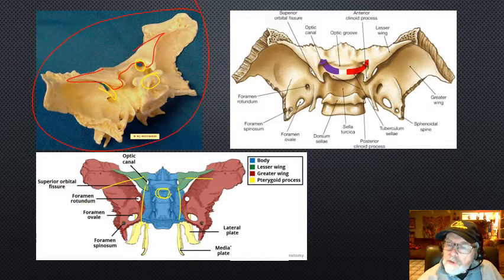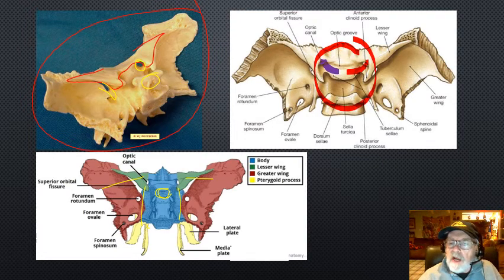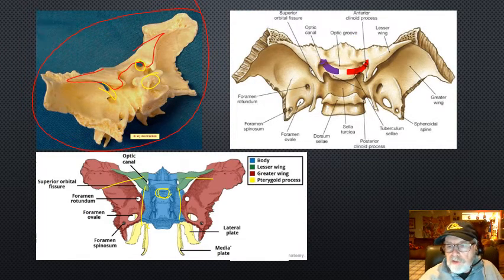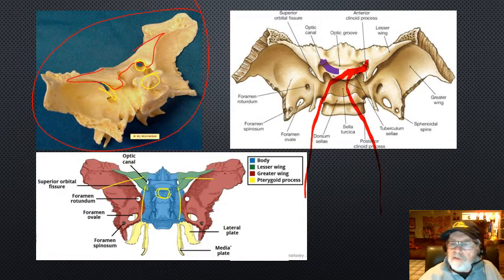Here's the cool thing. This area right here is called the optic chiasm, C-H-I-A-S-M. It's an area where part of each optic nerve will actually cross. What do I mean by that? Part of the right optic nerve will cross over to the left side, and part of it will stay on the right side.